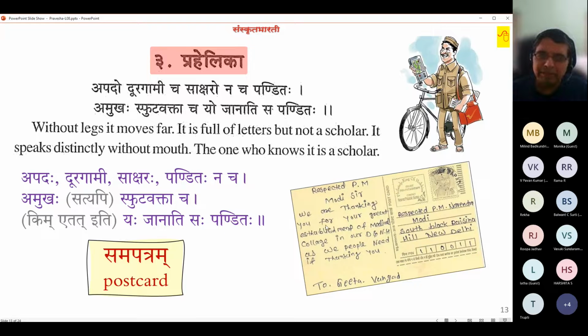Modi sir, we are thanking you for your great establishment of a medical college in our district, which we people need. Thanking you. So nice. Somebody is not asking for something, but thanking for something. And our Mahatma Gandhi is there. Samapatram.